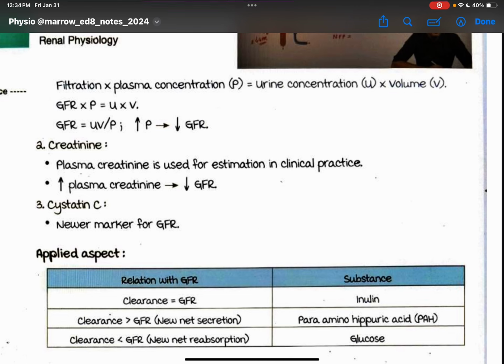Creatinine: plasma creatinine is used for estimation in clinical practice. Increased plasma creatinine means decreased GFR, which correlates as increased plasma concentration, decreased GFR.